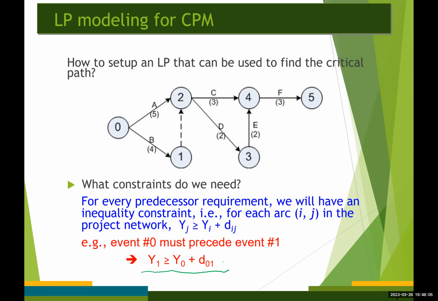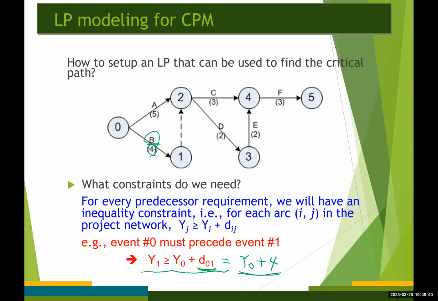That's because d sub 0,1, in this case 4, is the duration for the corresponding activity. So y0 plus 4 is the completion time for activity B in this case.